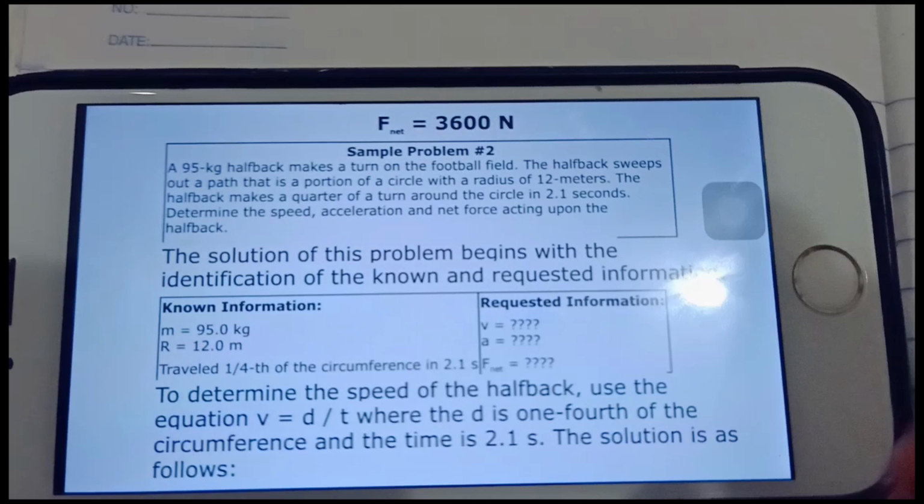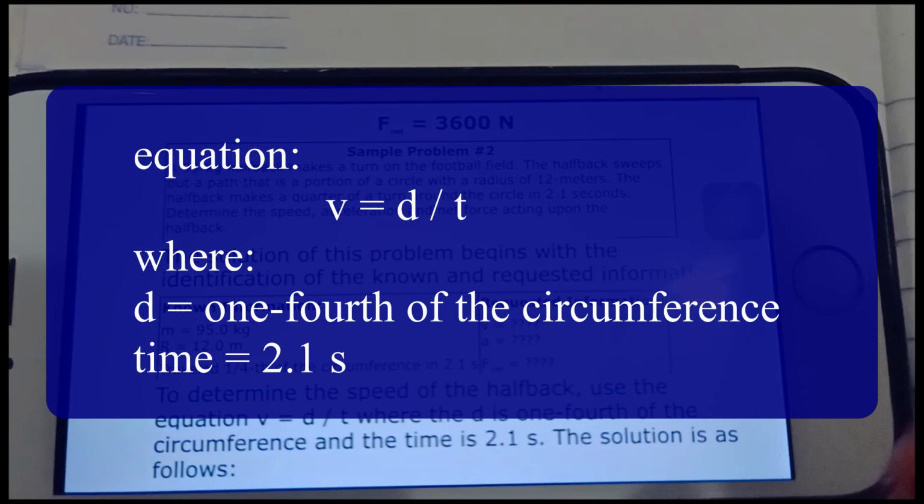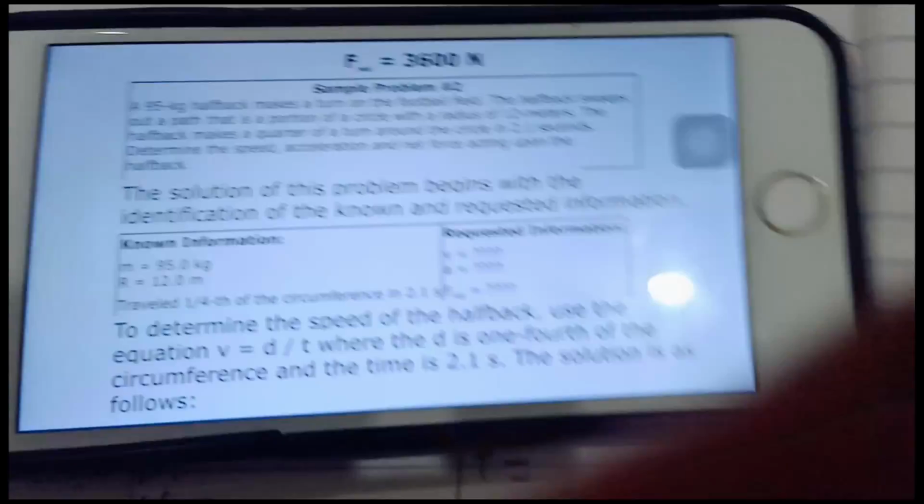To determine the speed of the halfback, use the equation v equals d divided by t, where d is 1/4 of the circumference and the time is 2.1 seconds. The solution is as follows.